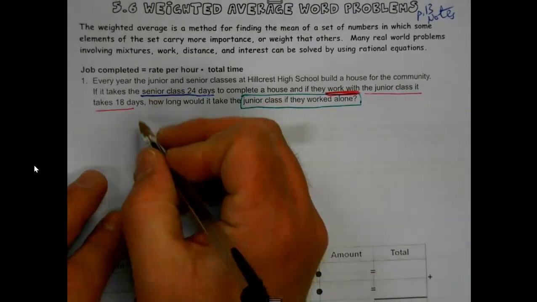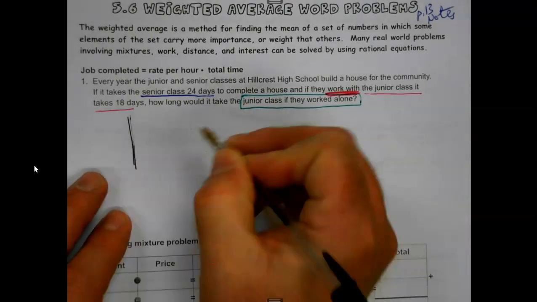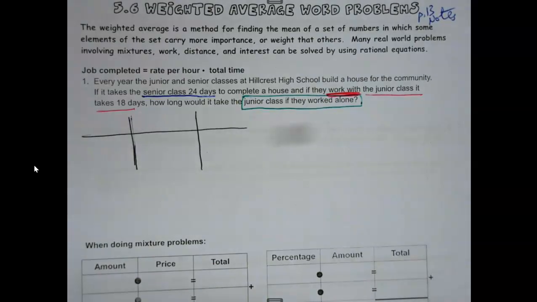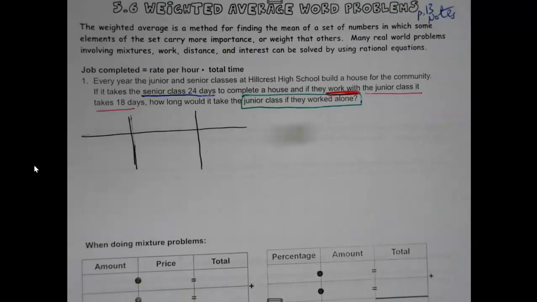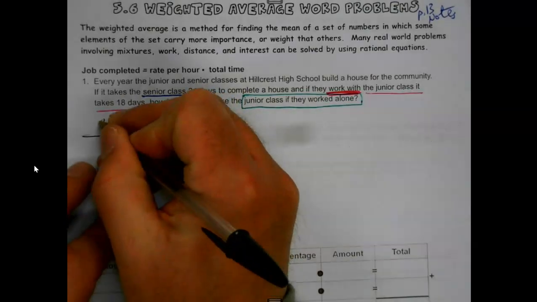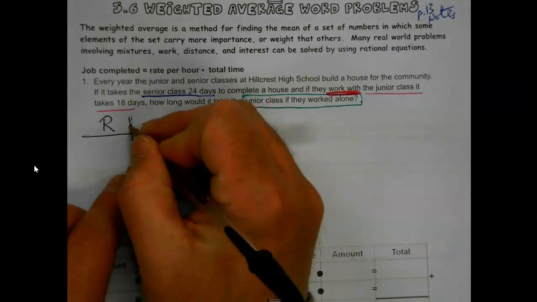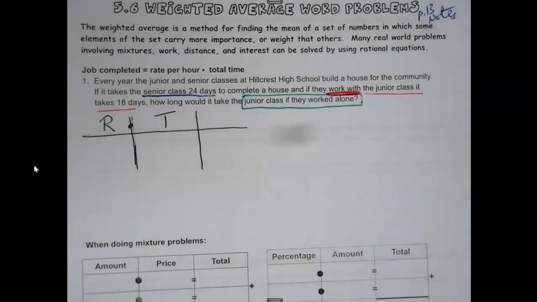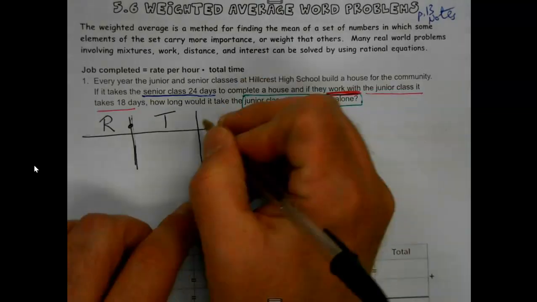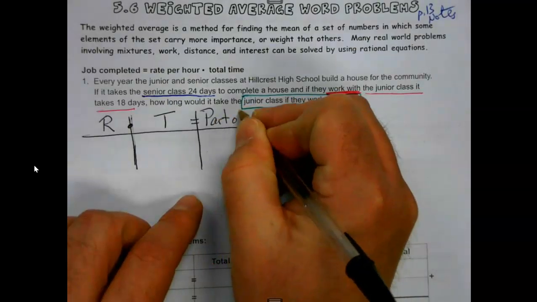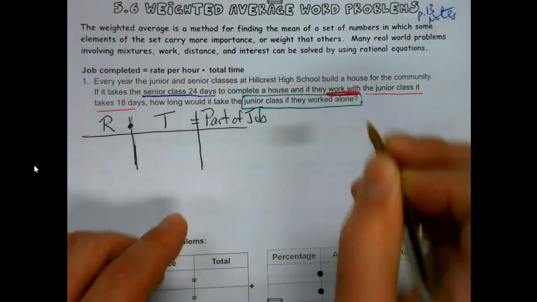So, I'm still going to make charts because I like to visually organize things as I go. We know that how fast you work, the rate, times the time that you spend at that job is going to equal the part of the job that you complete.